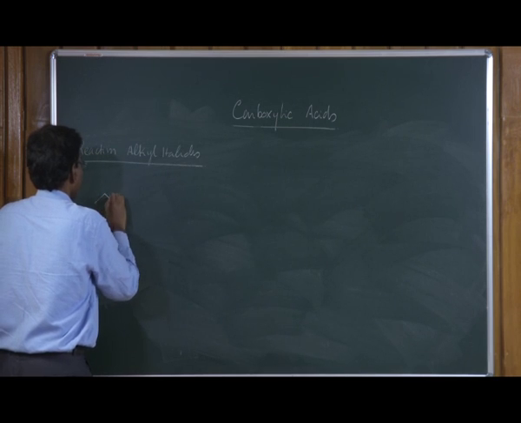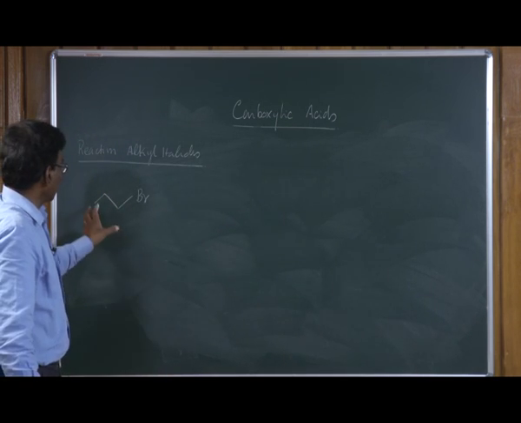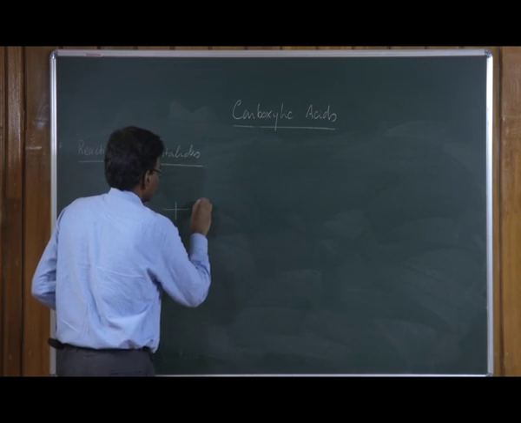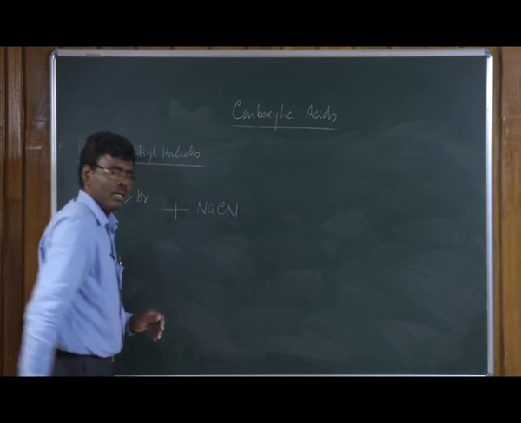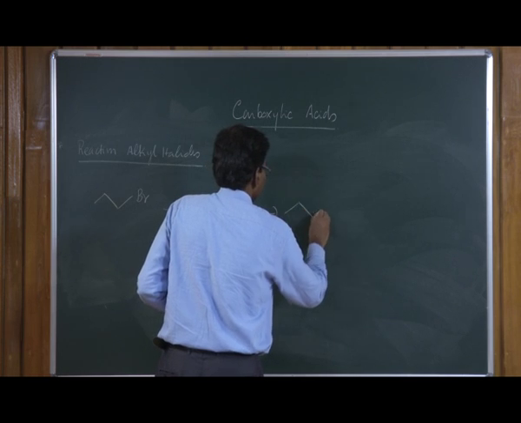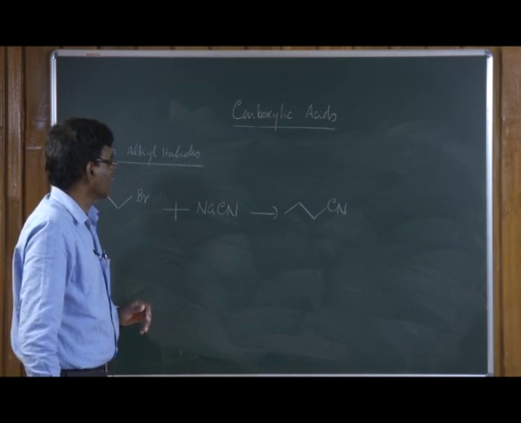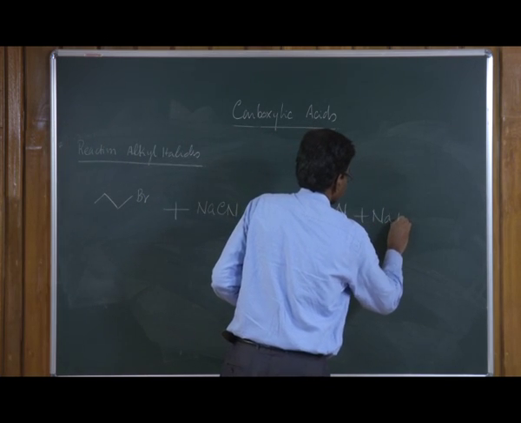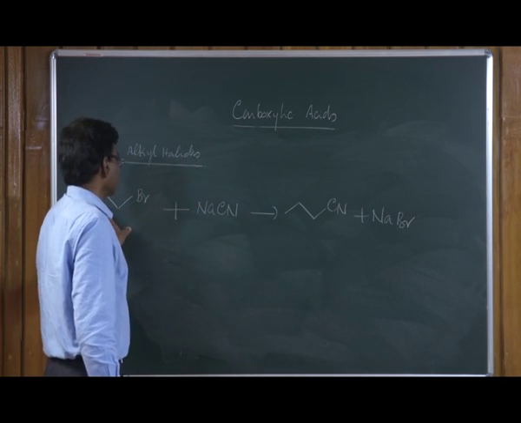For example, if you have this alkyl bromide, it can react with sodium cyanide to give the corresponding nitrile plus sodium bromide. This is a nucleophilic substitution reaction.